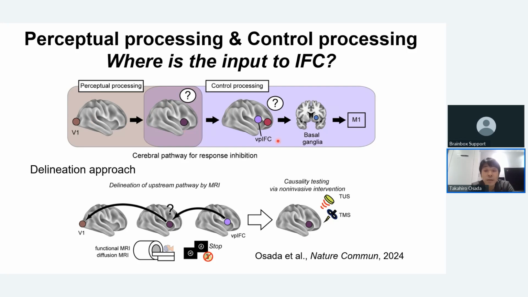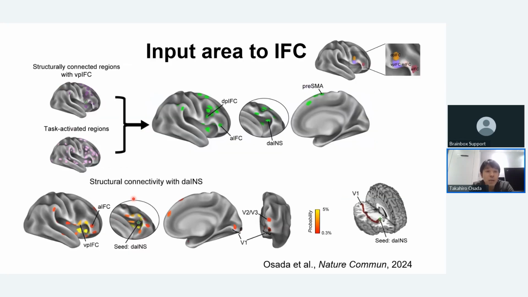To identify this intermediary area, fMRI and the diffusion MRI were utilized for pathway tracking. To identify the input areas to the IFC, diffusion MRI was used to track regions connected with VPIFC.